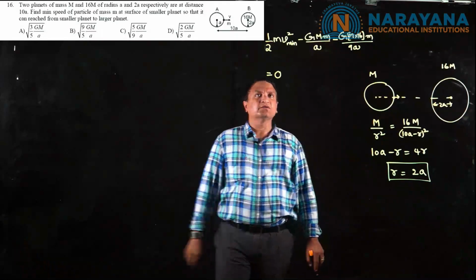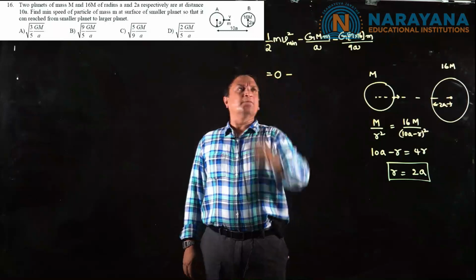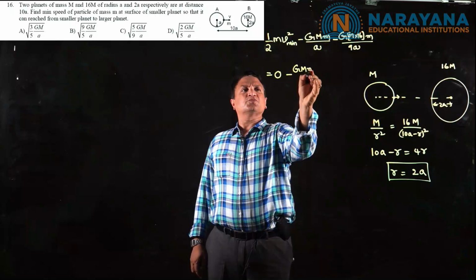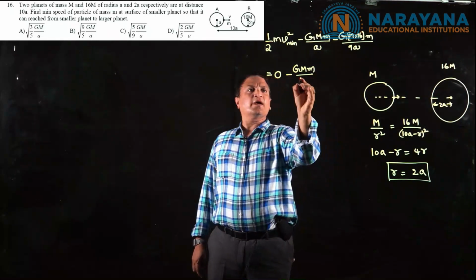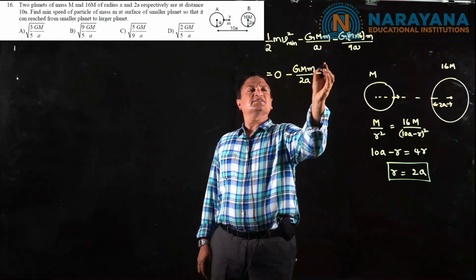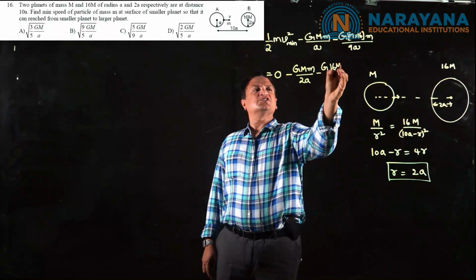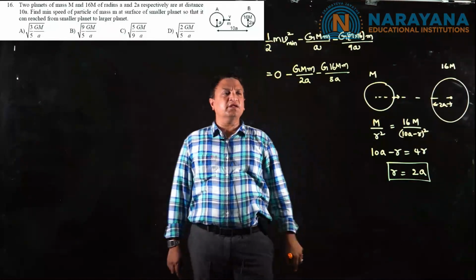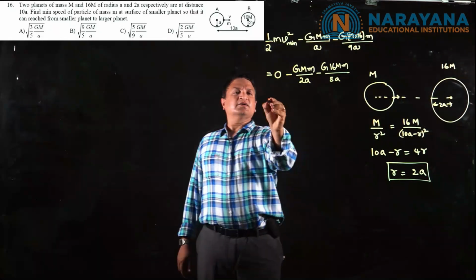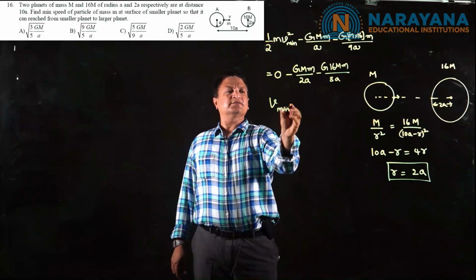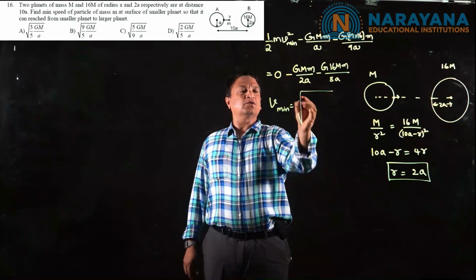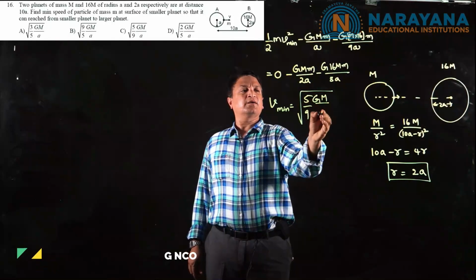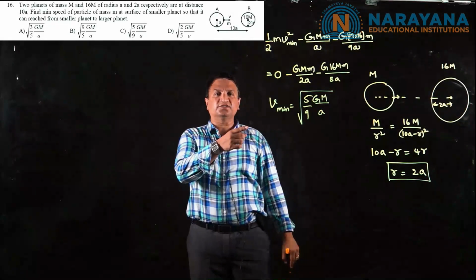So 0 minus G capital M small m by 2a minus G 16m small m by 8a. Now you determine v minimum. You will get the value of v minimum as under root 5 by 9 G capital M by a. And this is my answer.